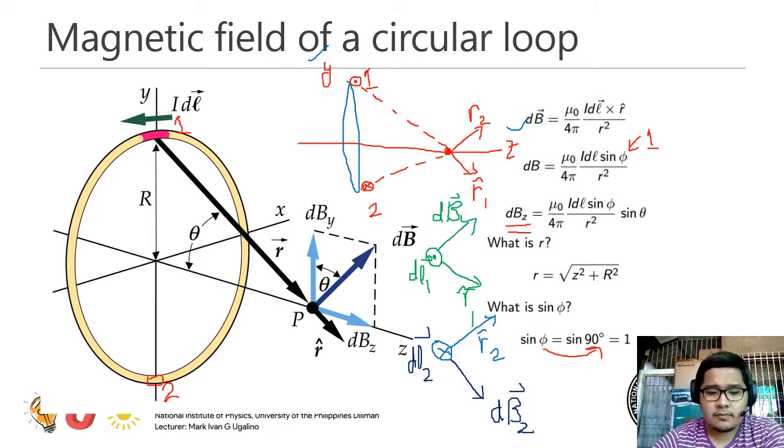Now, let us erase your r hats first. Based on our analysis, your dB1 is pointing in this direction. This is your dB1, while your dB2 is pointing in this direction.